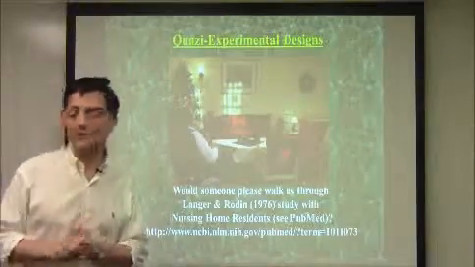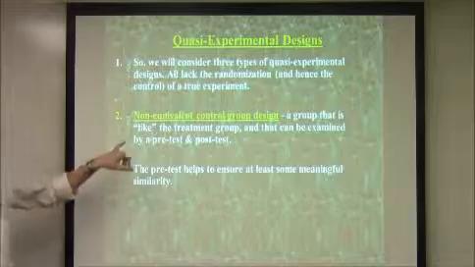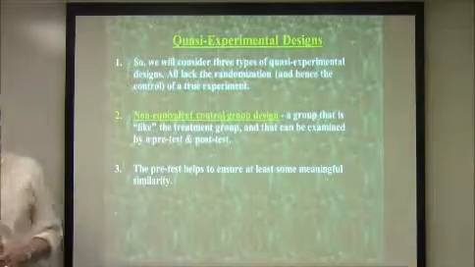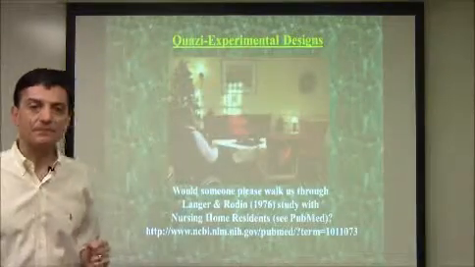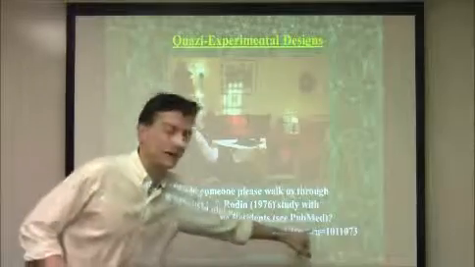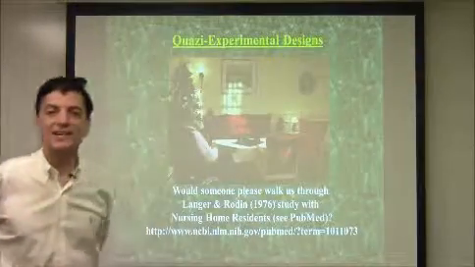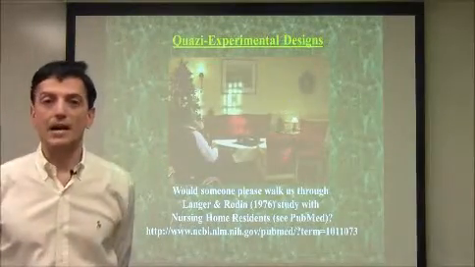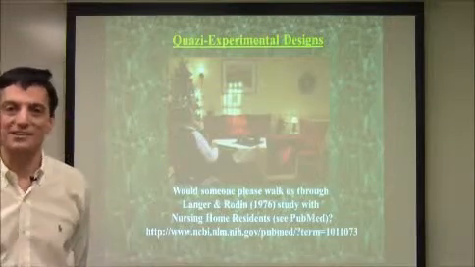And they have very much a design akin to this, the non-equivalent control group design. So we'll give you a moment to stop the video and copy and paste this into your browser and read that abstract and see what you can surmise about this particular quasi-experimental design.